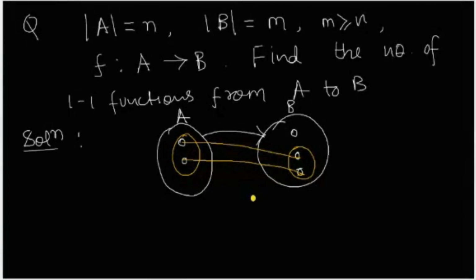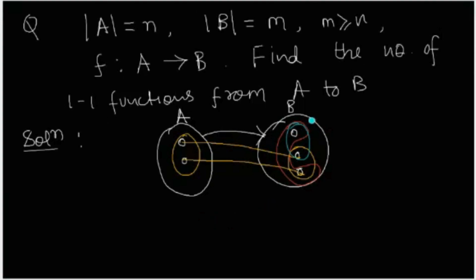So before that, we need to find out how many such two-element sets are possible in this set B. Because it's possible that this one gets mapped to these two elements, or it is also possible that these two elements get mapped to these two ones.